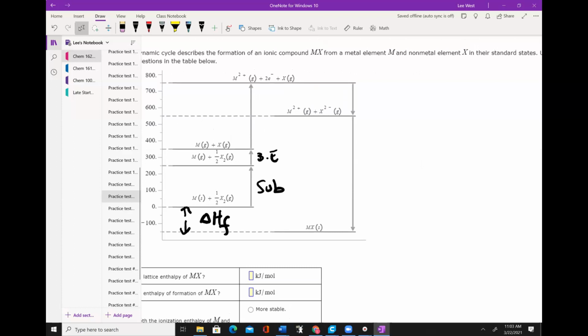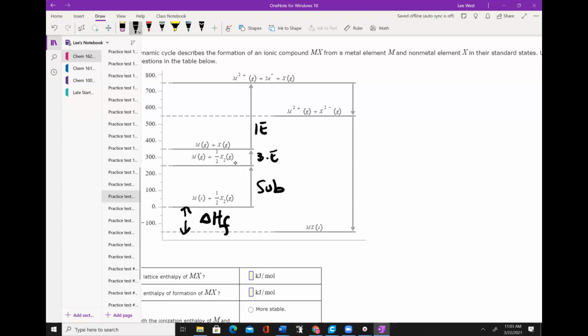In our third step, we're going to rip off 2 electrons from our gas phase metal atom, and that's called ionization. In particular, we're going to add together ionization energy 1 and ionization energy 2, but I'm just going to call that the ionization energy.